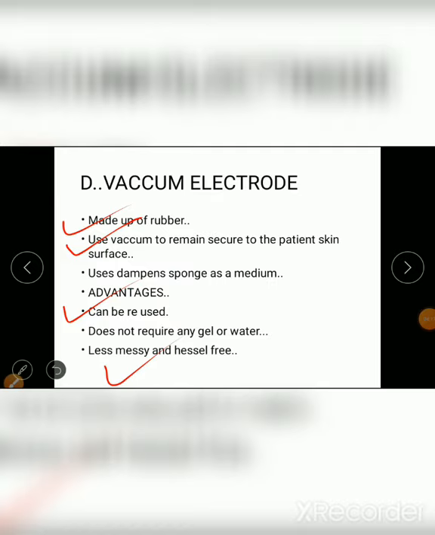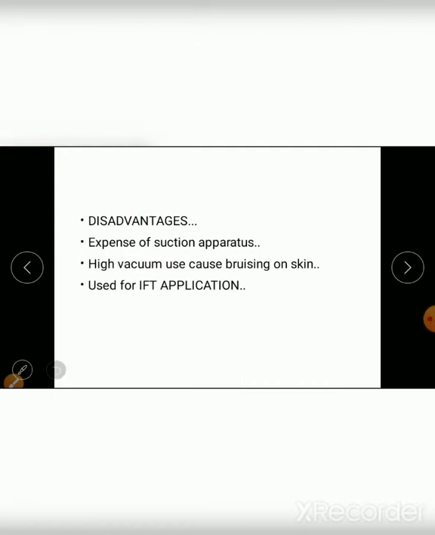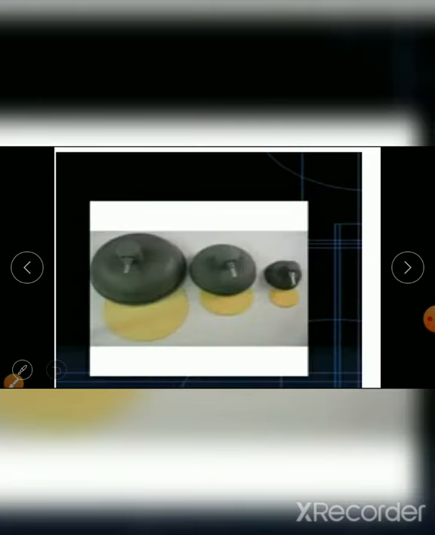It is less messy and hassle free. The disadvantages are the expense of the suction apparatus, and high vacuum use can cause bruising on the skin. They are used for IFT application, that is interferential therapy. So these are the vacuum electrodes and here is the sponge.